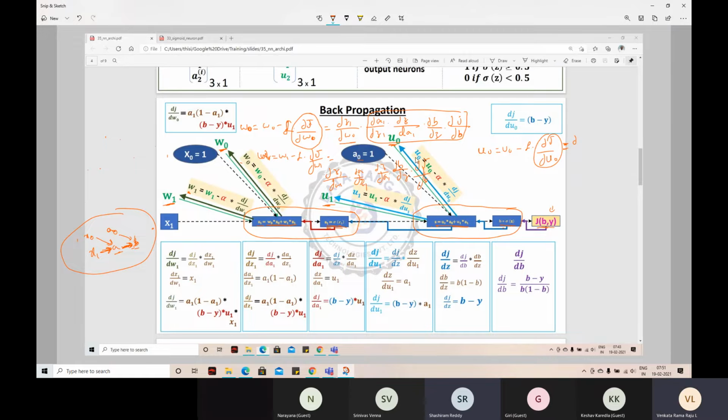So when you change 1 unit in U0, how many units in J should change? That is dJ by dU0. So dZ by dU0 into dB by dZ into dJ by dB. That's it. See, the number of terms is reducing.